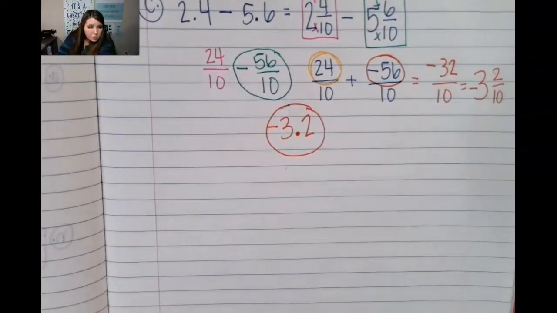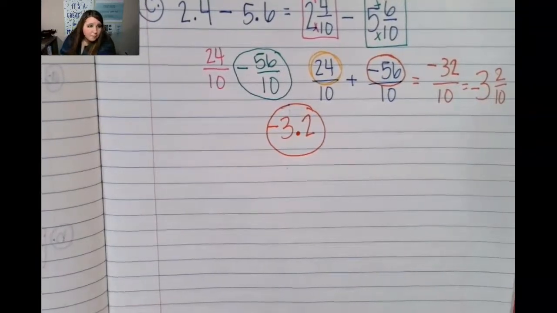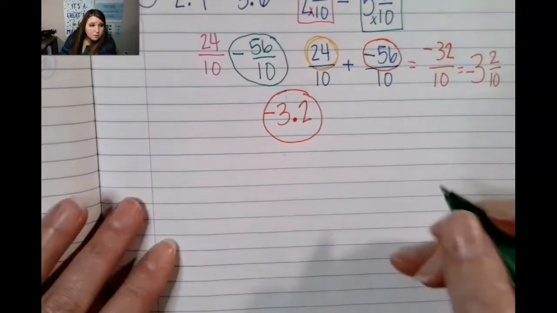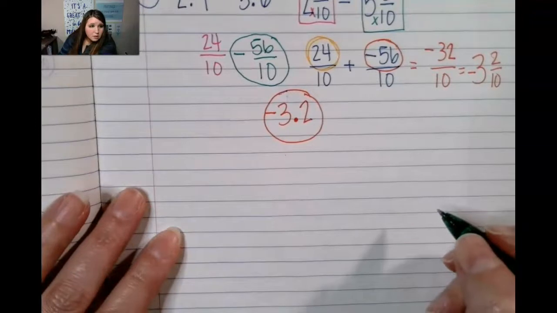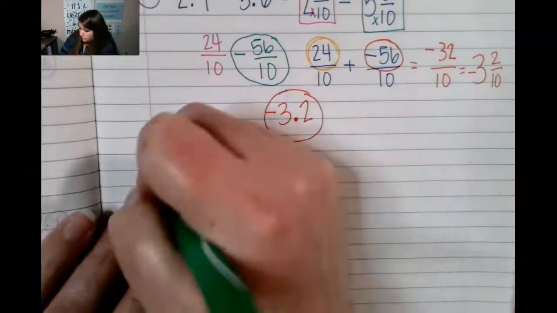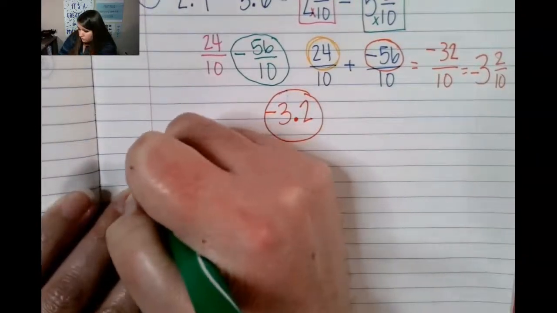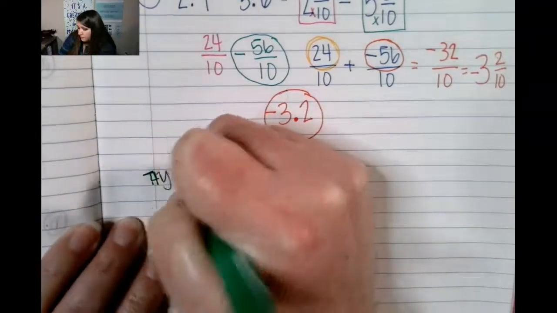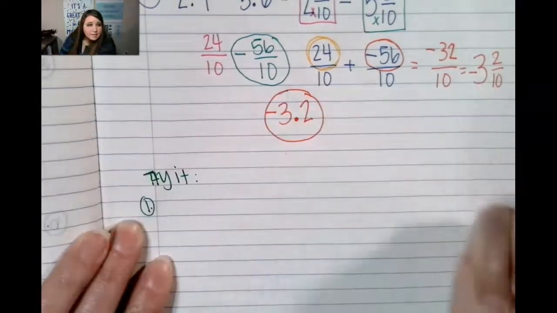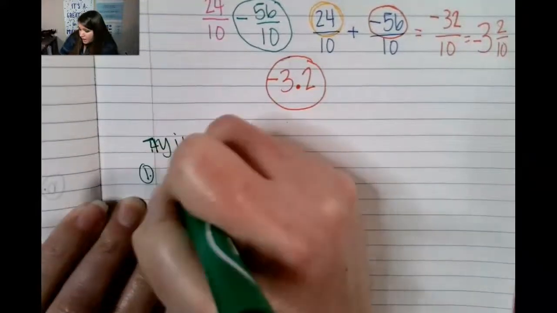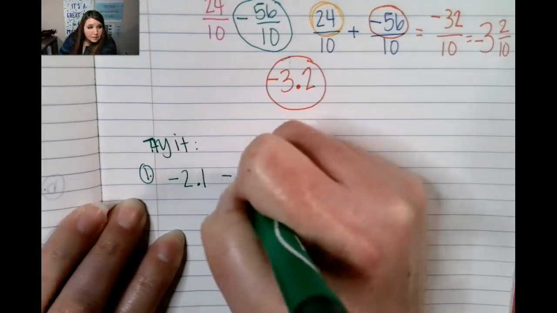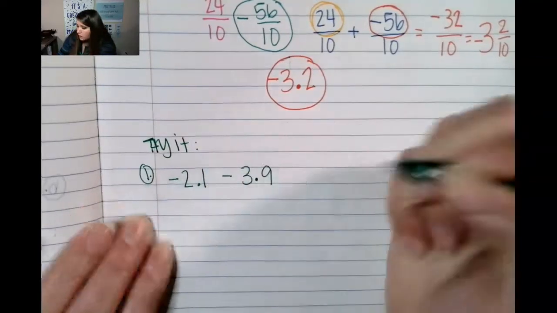All right, it is your turn now to do a try it. Yep, we're going to do a try it here. Try it. And your try it says I have negative 2 and 1/10 minus 3.9.